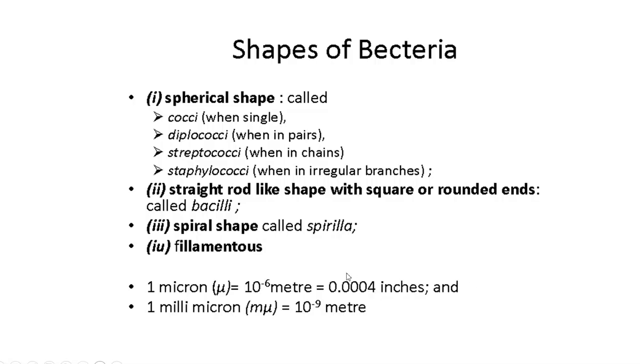This is the measurement used for the different sorts of bacteria. Then we have 1 millimicron. Definitely milli is very small, even smaller than a micron. So 1 millimicron, written as m micron, is equal to 10 power minus 9 meter.